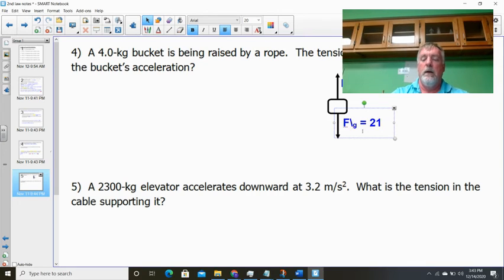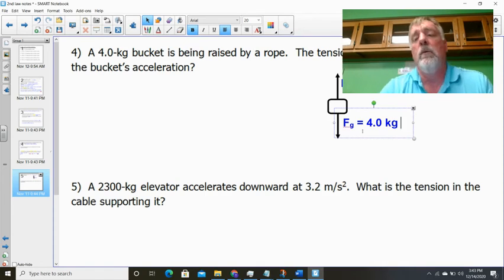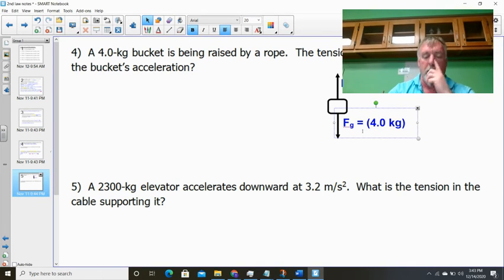Got to figure out what our F gravity is. We got to multiply our mass by our acceleration due to gravity. What's our mass here? 4.0 kilograms. What's our acceleration? We know gravity is 10 meters per second, but our arrow is already pointed down, so we just need to add our magnitude here. So we're just going to multiply this by 10 meters per second squared.